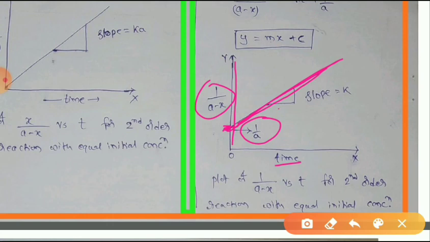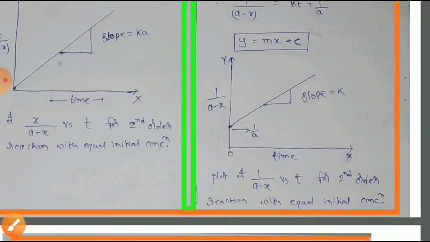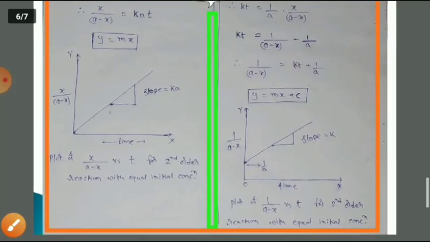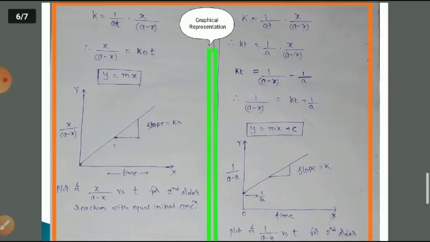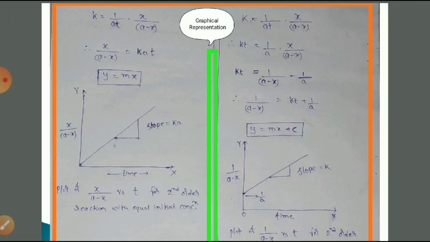This is the graph we obtain, where the line intersects the y-axis. The slope of this line will be k. So this is a plot of 1 upon a minus x versus time for second order reaction with equal initial concentration. These are the two different graphical representations of a second order reaction.